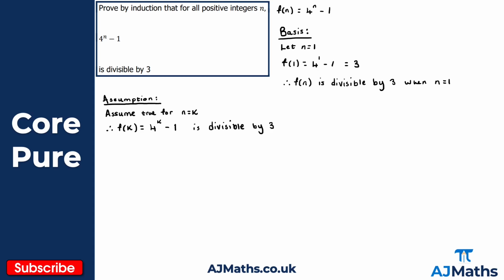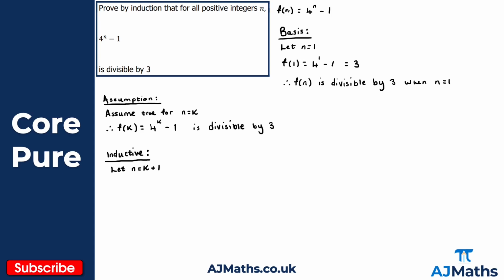So now we move on to the inductive step here. So we'll do that underneath. So now for the inductive step here, we let n equal k plus 1. Okay, so n equals k plus 1 now. So if n is equal to k plus 1, what would we get here then?